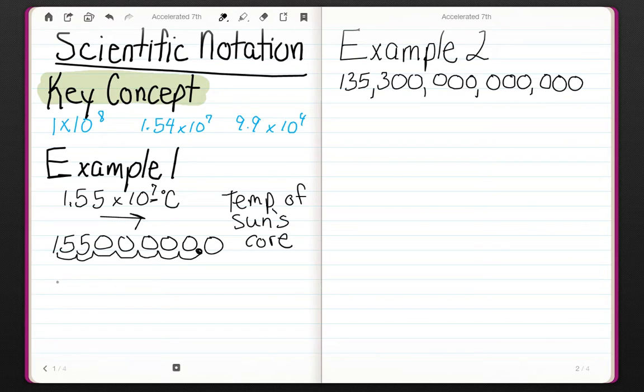So my final answer would be 15,500,000 degrees Celsius. Now, just because we're working in scientific notation, if you were given units, please don't forget those units in your answer as well.